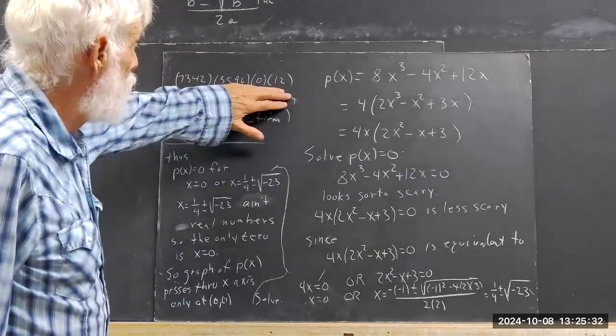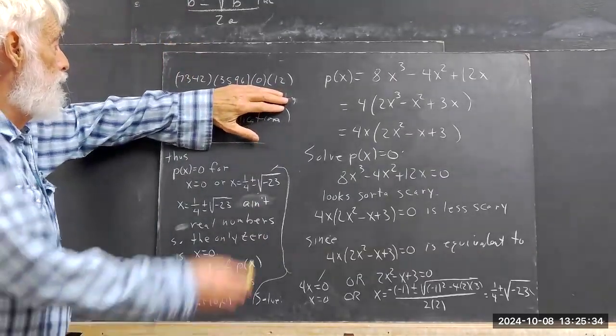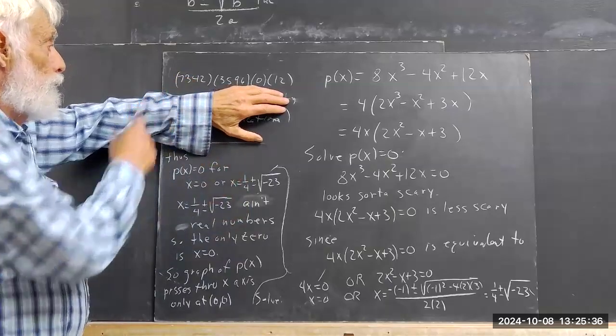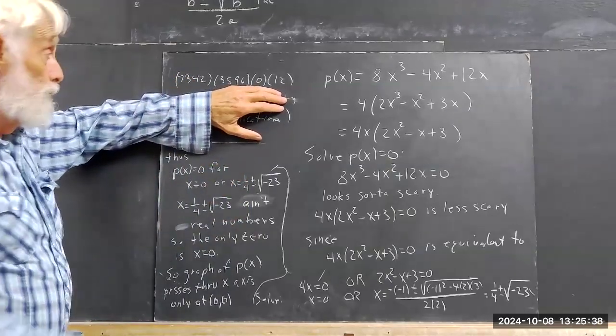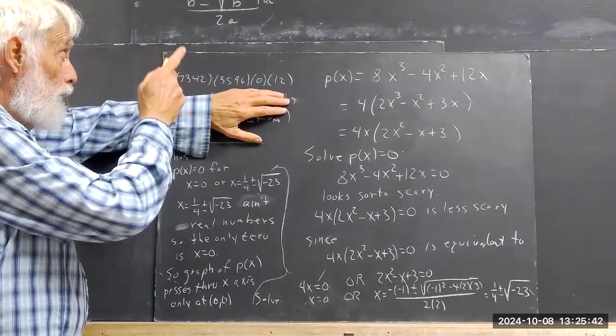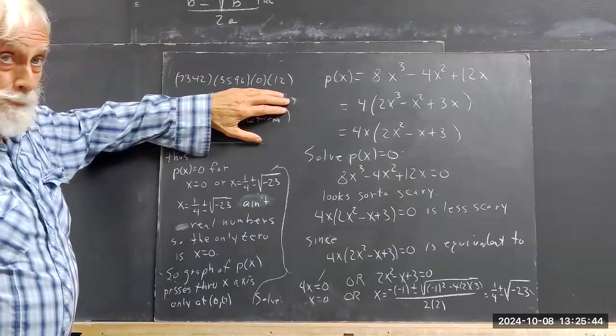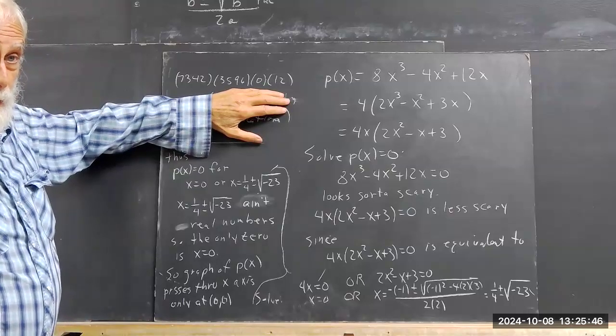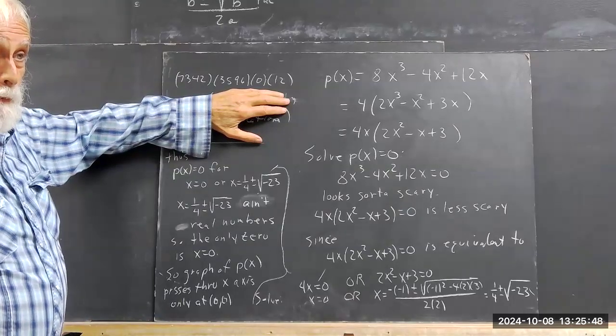And then look here at this product I have. 7,342 times 3,596 times 0 times 12. I want you to work this out. Tell me when you got the answer. Hold up your fingers.